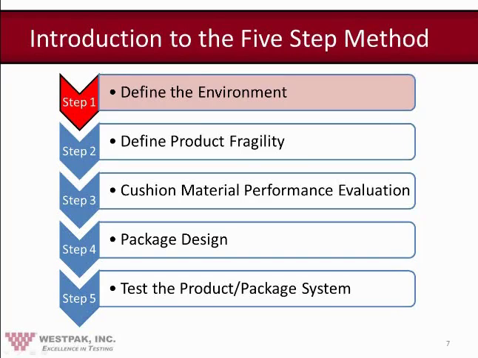But you can see them listed here. And the first one is to define the environment. That's what we're going to be focused on today. And then next you define product fragility or sensitivities of the product, really. And then you look at the performance characteristics of various cushions or mitigating mediums, call them. Then you actually do your package design and then test it. So it's a relatively simple thing that was originally called the cookbook, but the 5-step was the name that really stuck. Edmund, can you continue?